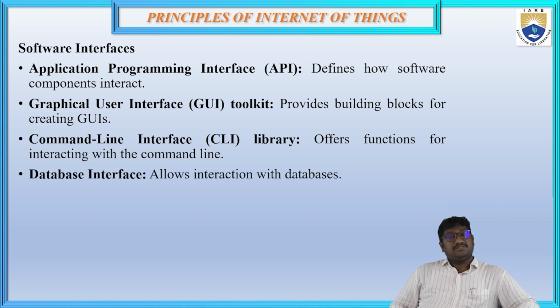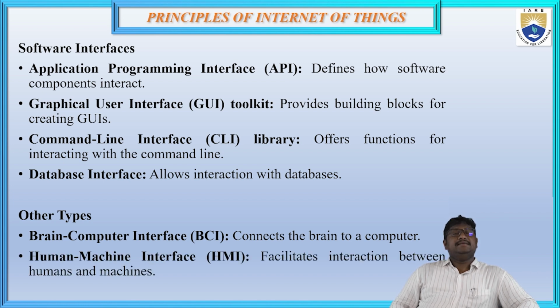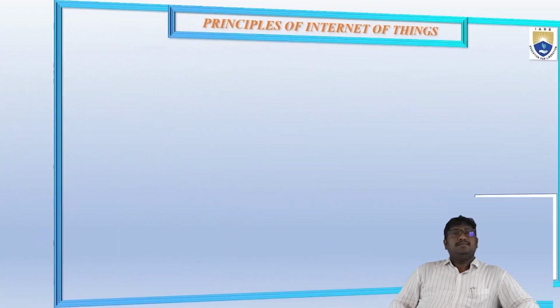Database interface allows interfacing with the database. And there are some other types which are used, which is BCI, brain computer interface. This connects the brain to a computer. It acts as an interface between the human brain and the computer. And coming to human machine interface, which facilitates interaction between humans and machines. This is how things are.